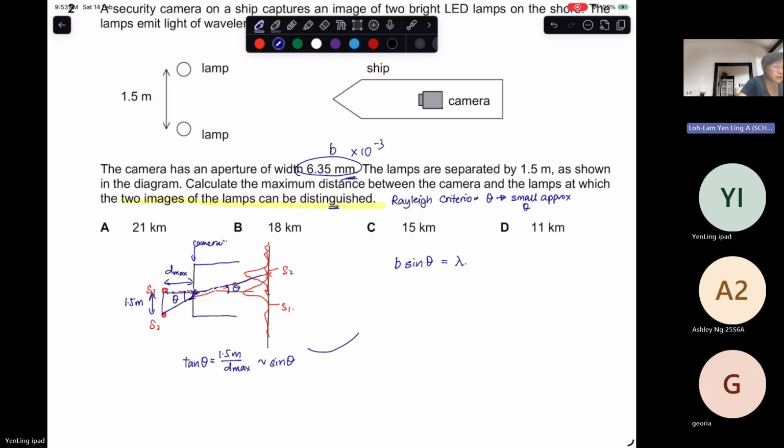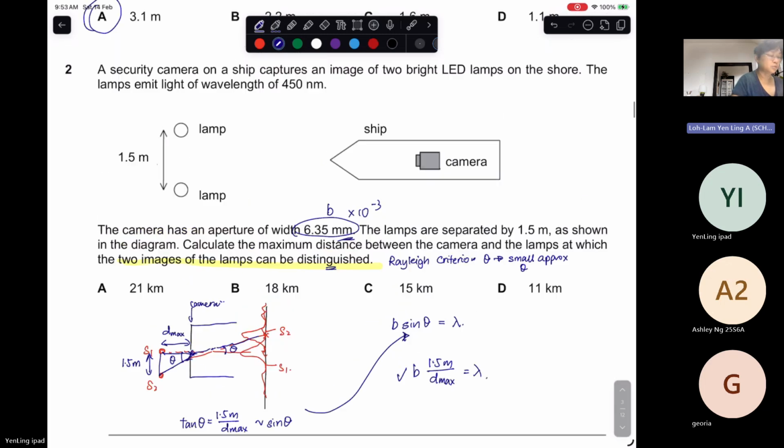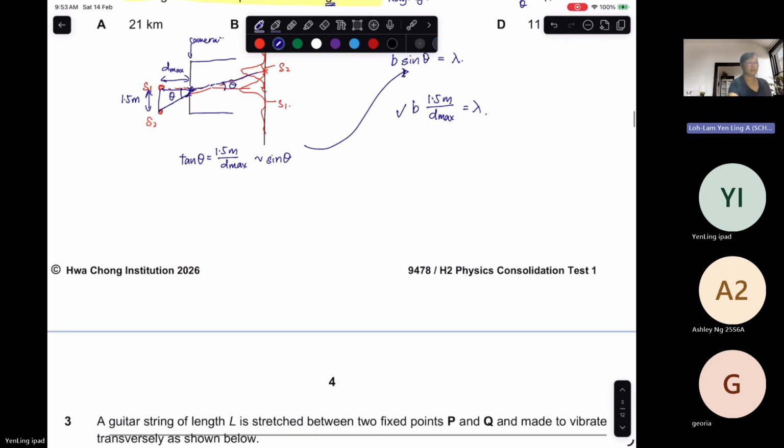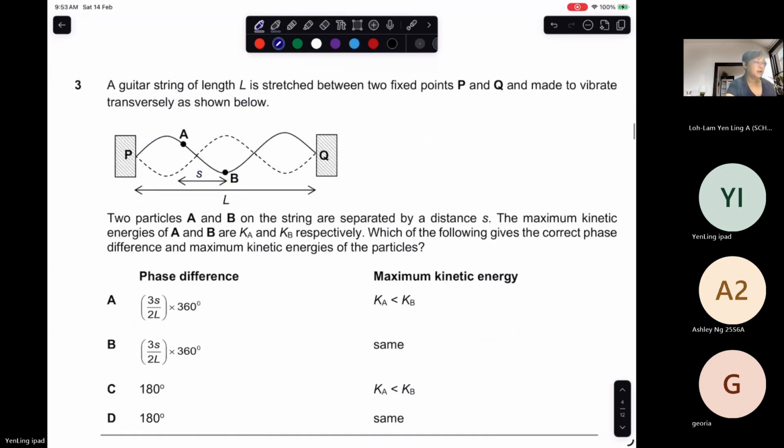So you can put b times 1.5 meter divided by D max equals lambda. With this, you can work out all the values. You put this in, you've got your b value, and the wavelength is down here, lambda times 10 to the power. And that solves question 2.